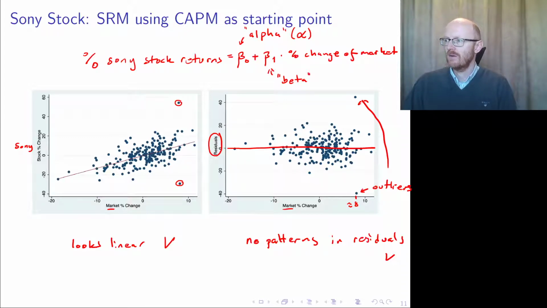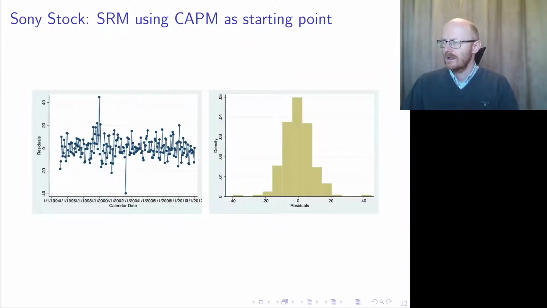Okay, so that means we can go on, but since this is a time series, it means that we should also look for dependence over time. And what we do is that you plot the residuals on the time, and you look for patterns.